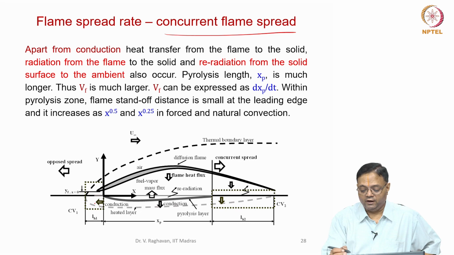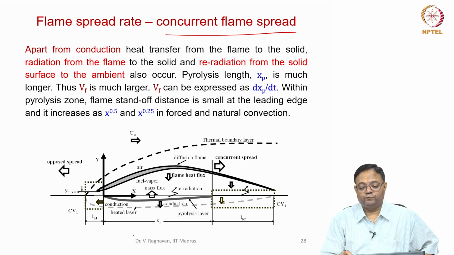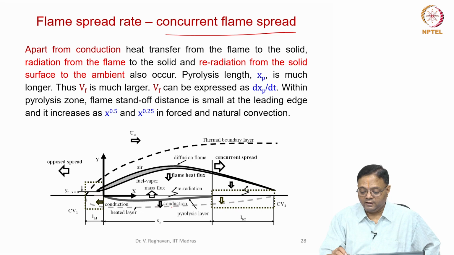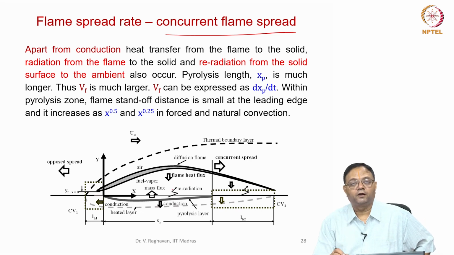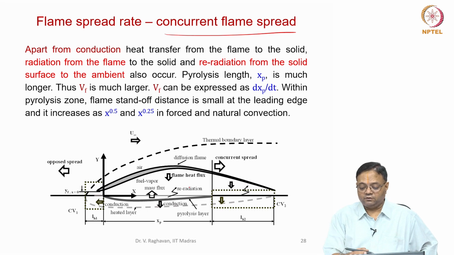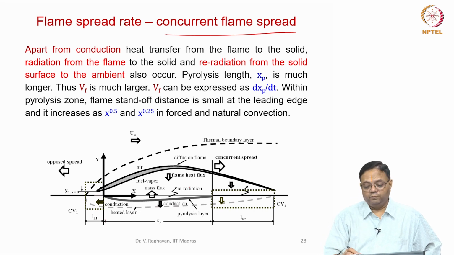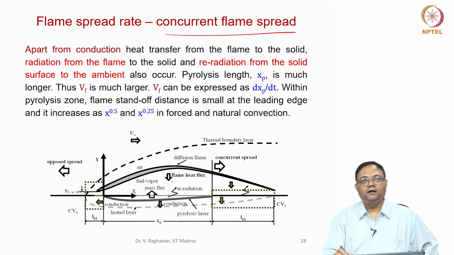So, what happens here? Conduction heat transfer will be there, but radiation heat transfer, convective heat transfer will be large. Similarly, the re-radiation heat loss from the solid to the ambient also will occur, because the temperatures are very high here, because it is continuously being heated up by a flame due to radiation also. So, that is the reason.